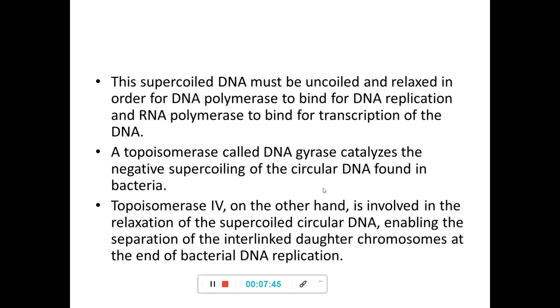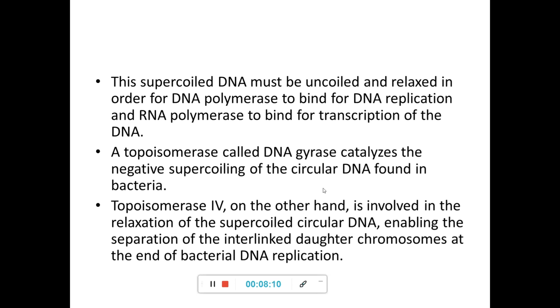When we consider the relaxation of the supercoils, there are two instances in which this has to be done. One is when DNA replication has to be done. For that, the DNA polymerase has to come and bind. That is a site where the DNA polymerase has to come and bind, and the DNA becomes unbound. The second condition is when you need to synthesize RNA.